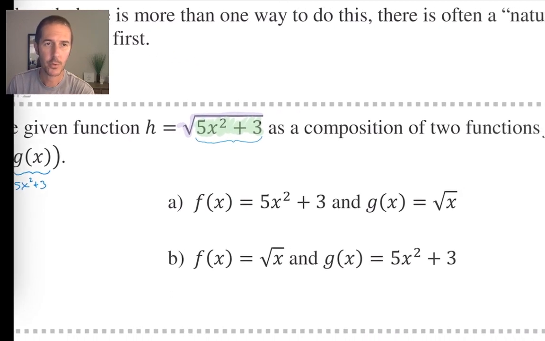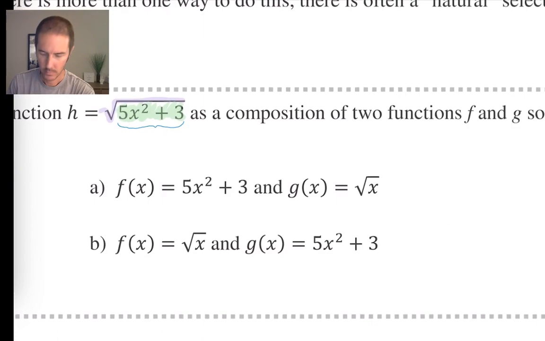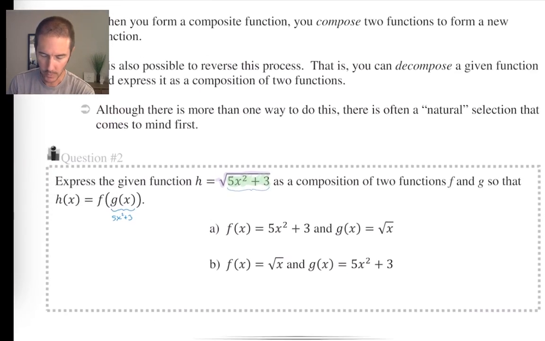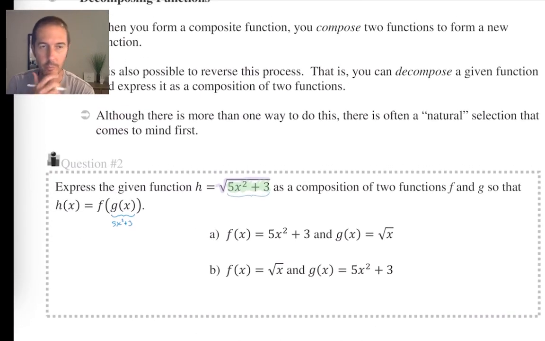Let's look at our multiple choice options. Are there only 2? There are only 2. I love it. Because it's either inner outer or outer inner. And we can see that the g of x function is being listed here as the inner function, 5x squared plus 3. And this is how we denote the task performed by the outer function, in this case f of x.